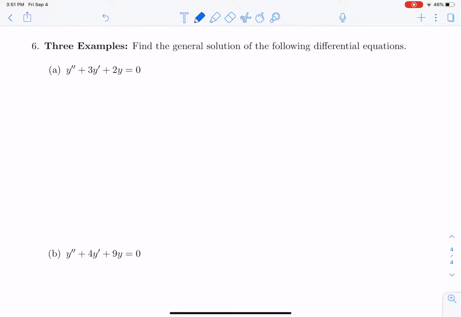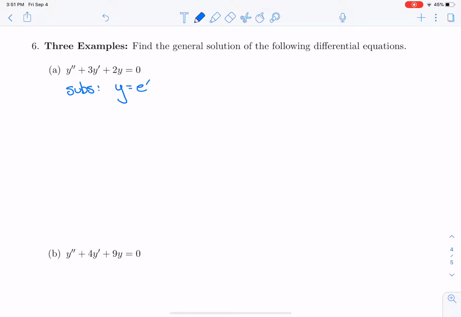We can use the function x of t if we're thinking about a horizontal oscillation, y of t for maybe a vertical oscillation. So when I want to find the general solution for, say, a differential equation y double prime plus 3y prime plus 2y equals 0, the first thing that I want to do is substitute in e to the lambda t.